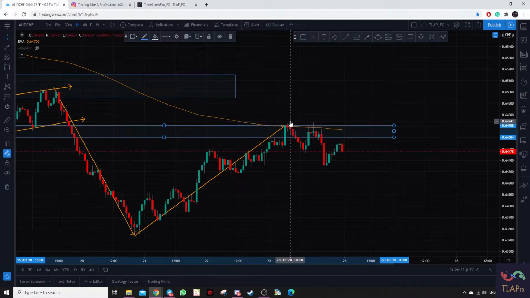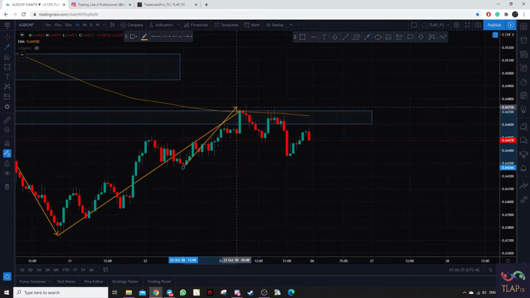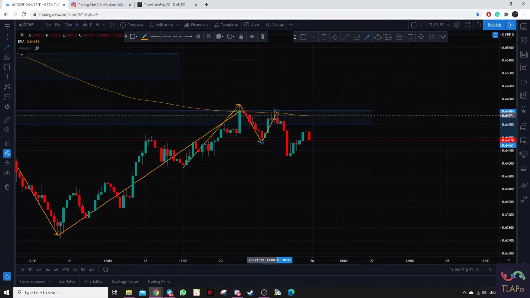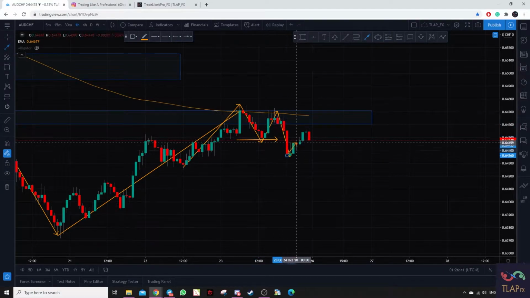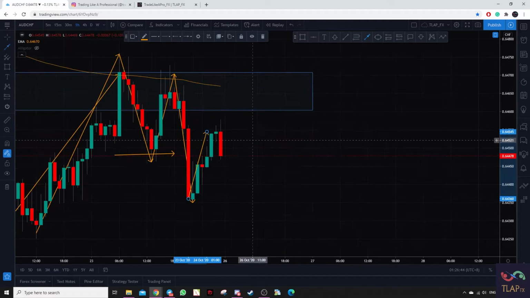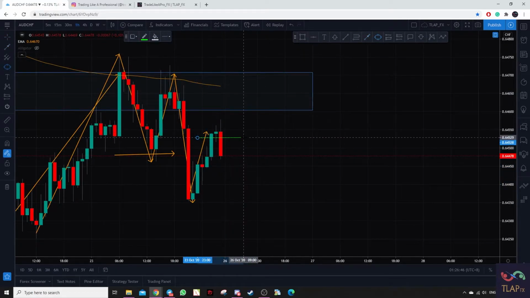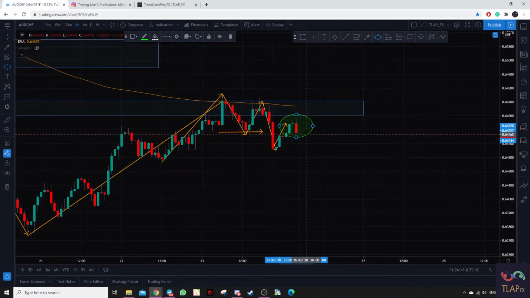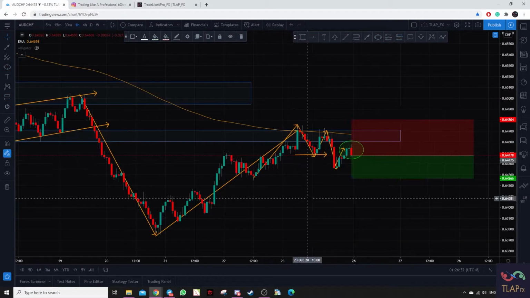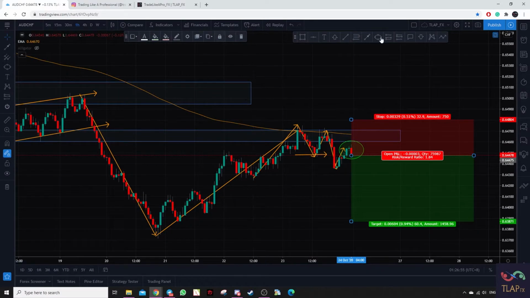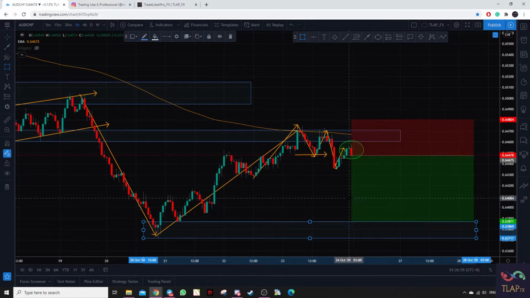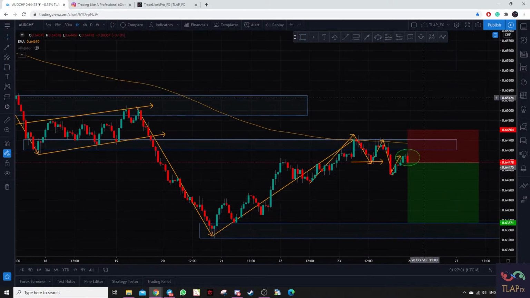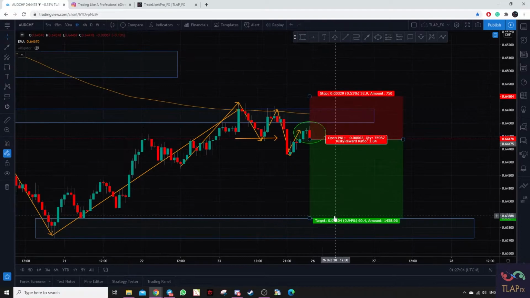So what we have here would be a double top, making a lower high the second time round, breaks down the neckline, and now came back to retest. So over here we have a 3-bar reversal, and definitely looking for a short towards previous support over here. So we'll decide again what happens on the market opening and look for a trade towards the downside.